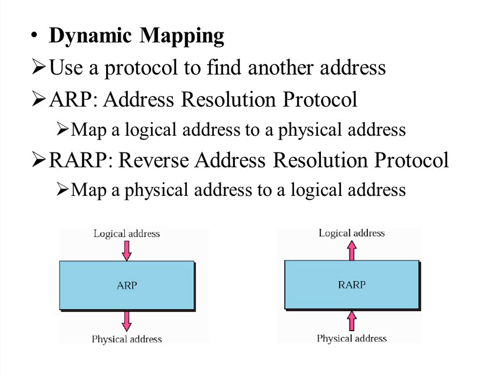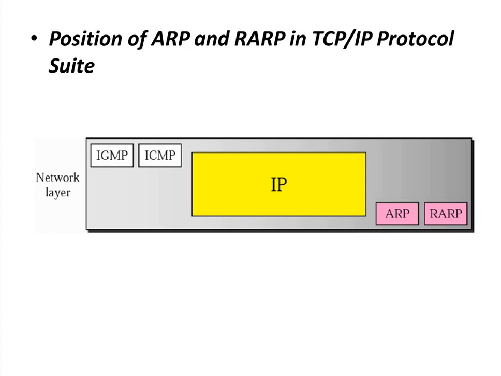It maps logical addresses into physical addresses, and RARP, the Reverse Address Resolution Protocol, maps in the reverse way, that is, physical address into logical address. ARP and RARP are in the network layer, and they come along with the IP address.